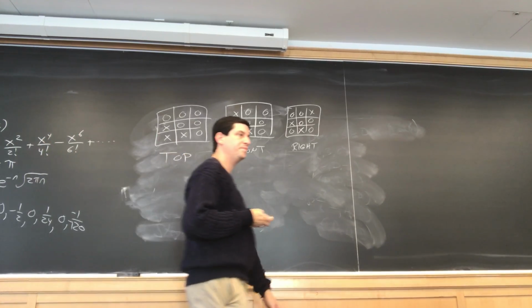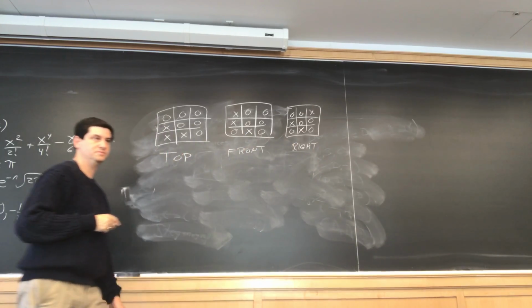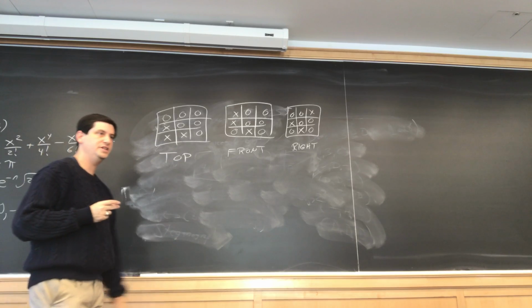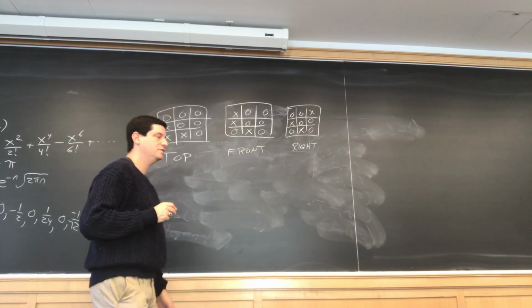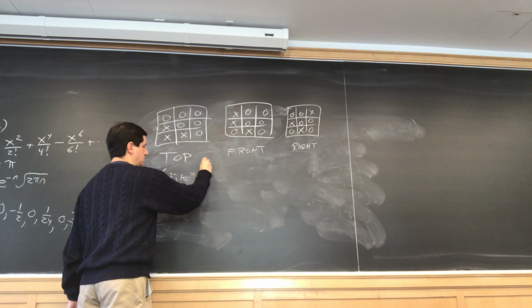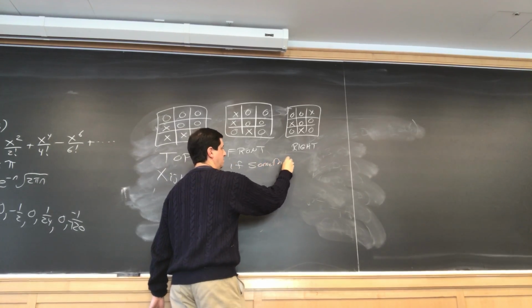So, since we have a 3 by 3 by 3, we have 27 different boxes. Each x sub i, j, k is 1 if something is there, 0 if something isn't. Okay, good.